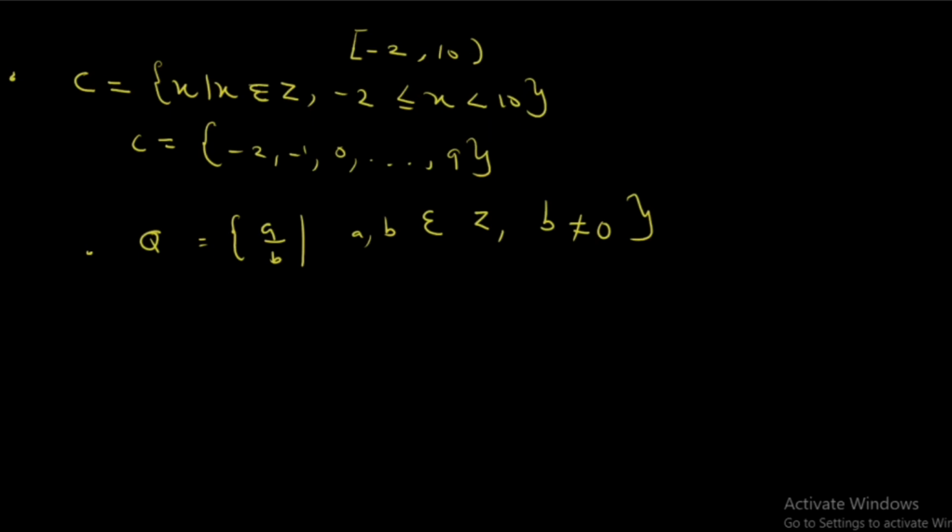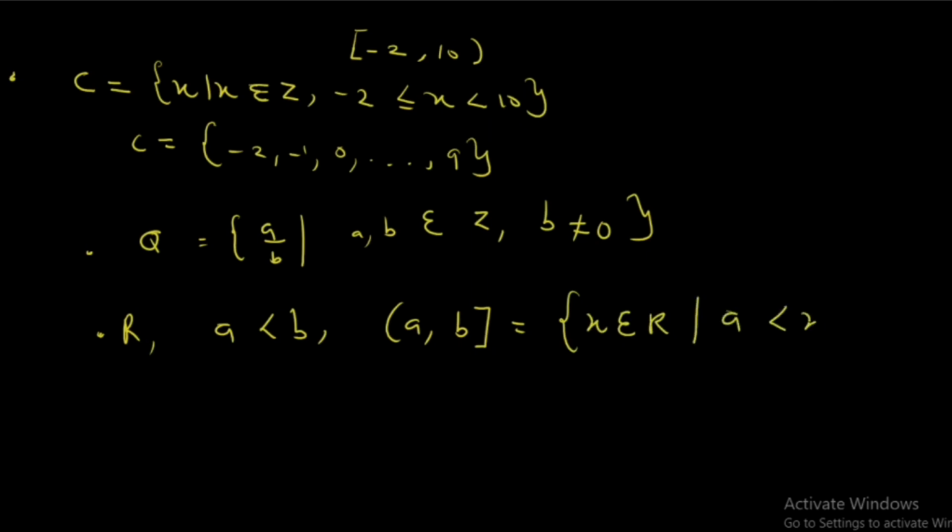So for real numbers a and b, where a is less than b, we can write that (a, b] is equal to x belongs to real numbers such that a is less than x, less than or equal to b. Very nice.